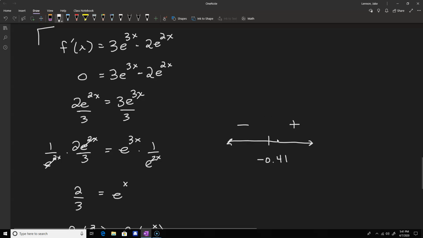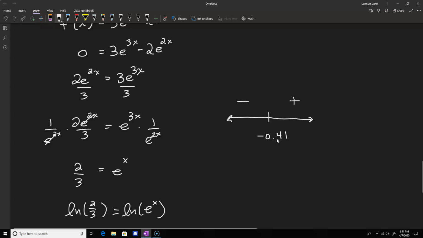Basically that means a minimum is occurring at negative 0.41, and because the function decreases until it gets to negative 0.41 and then increases thereafter, we know that value has to be a global minimum. So we can say a global min occurs at x equals negative 0.41 and has value.